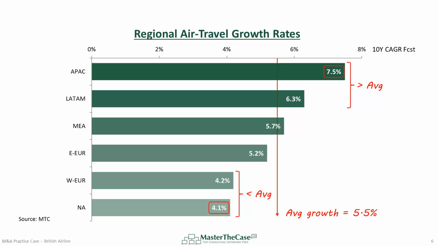Based on these growth rates, I would argue that the client will be better off prioritizing these two markets and reallocating the target's Heathrow slots to serve them. Is that something the client can do post-acquisition? Yes, as long as you own the airport slots and have the right type of aircraft, you can do that. That's good. Let's note our learnings and analyze the remaining sub-issues.